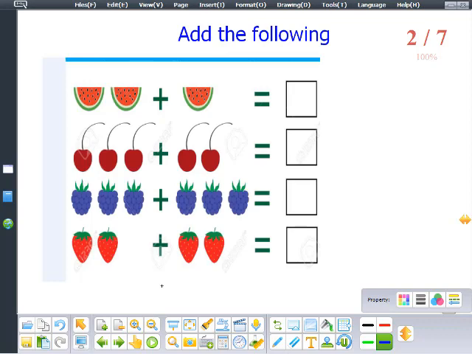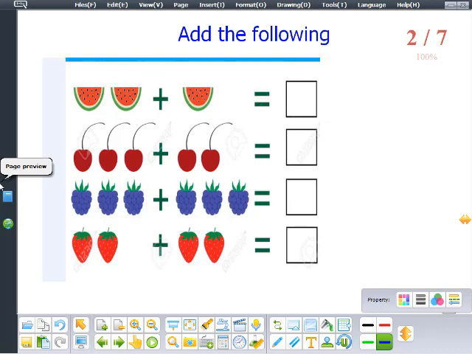Look with me. Here we have some watermelons here and some watermelons here. Let's count these watermelons. 1, 2. How many watermelons here? 2.